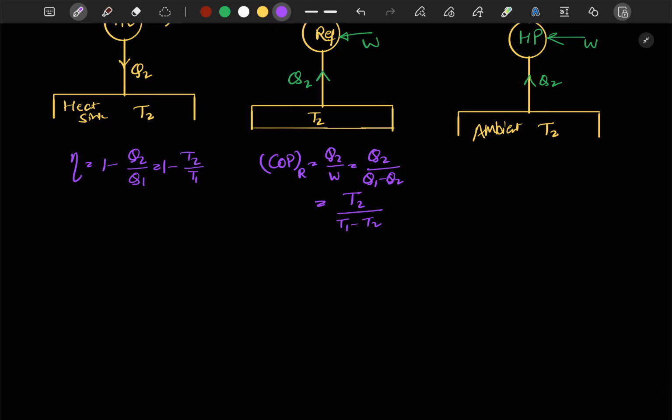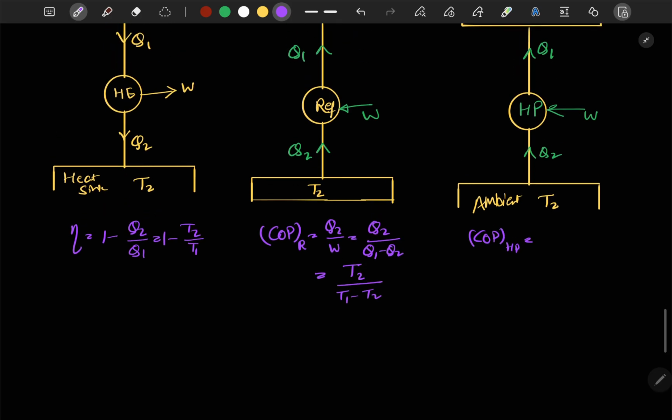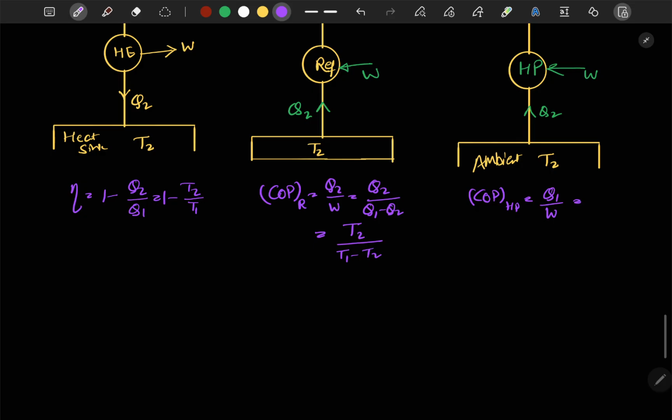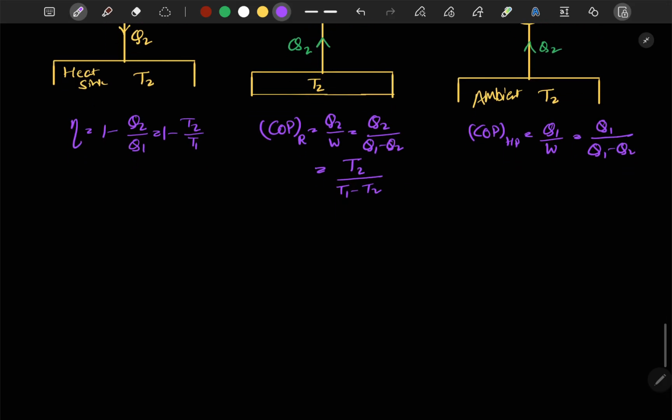Now if we talk about the next point, that is the heat pump. For heat pump we can write COP of heat pump is equal to, again, desired effect. Here the desired effect is our higher heat Q1, so Q1 upon W. Now this can be written as Q1 upon Q1 minus Q2, and further as T1 upon T1 minus T2 for Carnot.